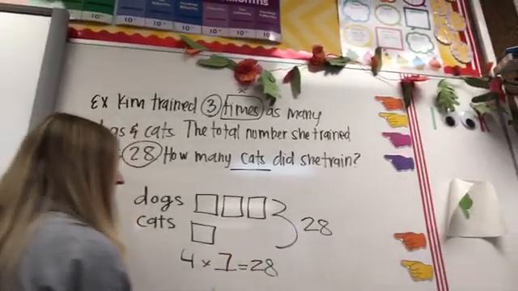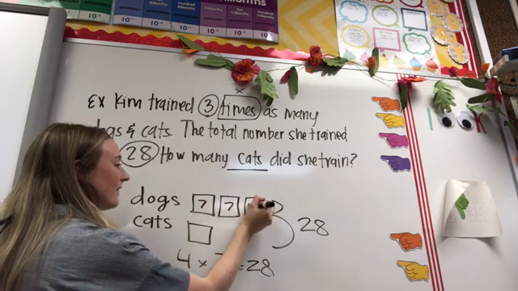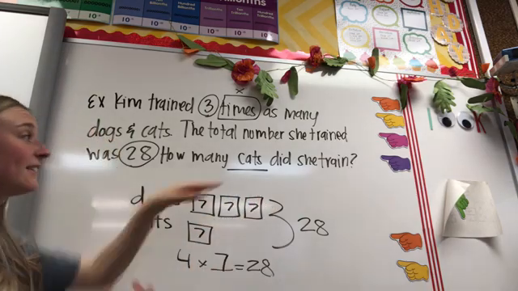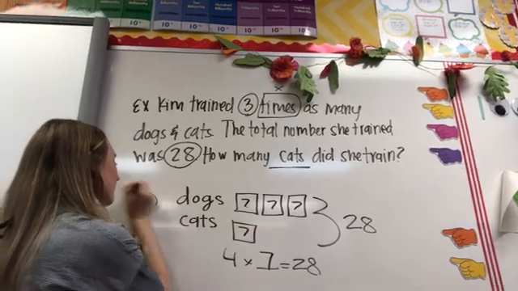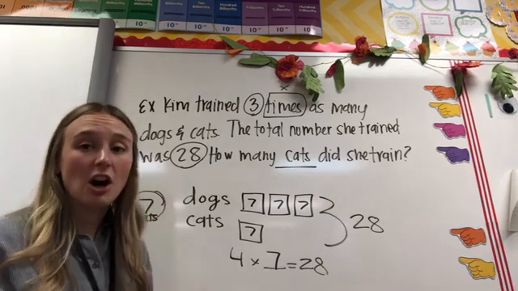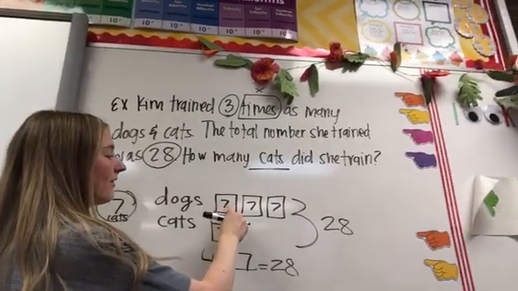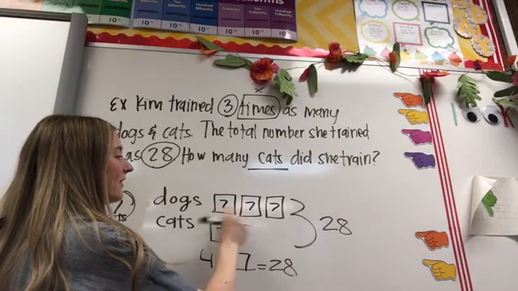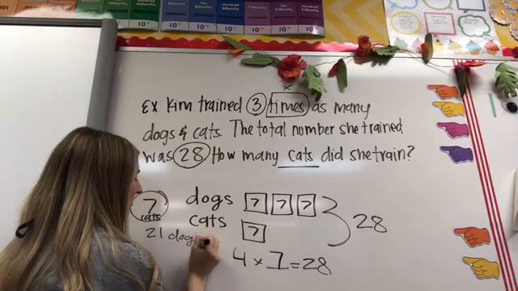All right, so we know that each one of these boxes stands for 7. So we put 7, 7, 7, 7. This is so easy. It says cats. Cats, we already see that it's 7. 7 cats. But if they wanted to know dogs, like the other problems we've been talking about, we'd have to count 7 times 3, or 7 plus 7 plus 7, so 7 times 3 is 21. So 21 dogs. But this one was only asking for cats.